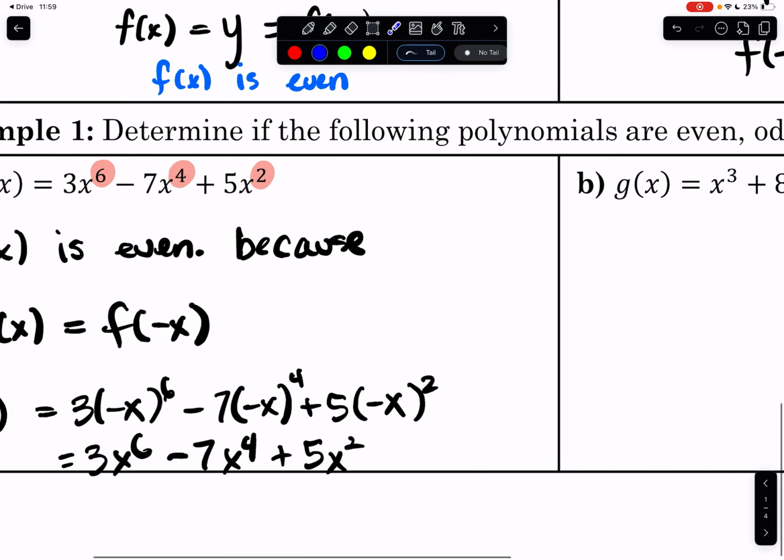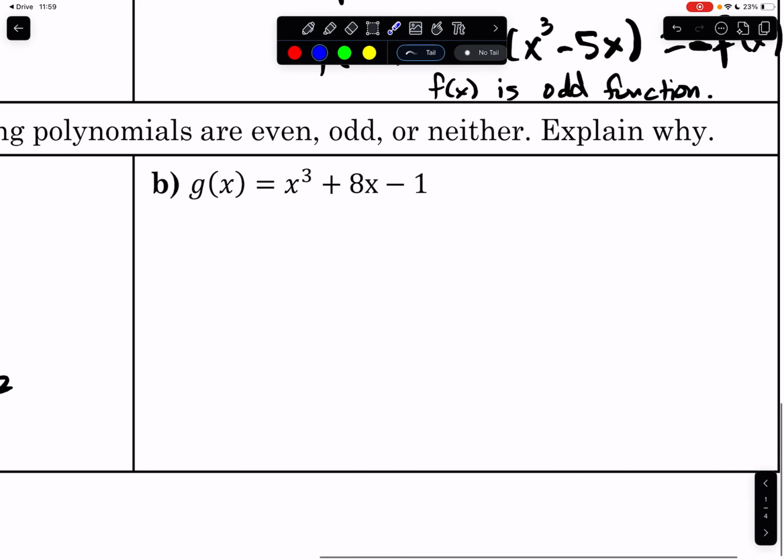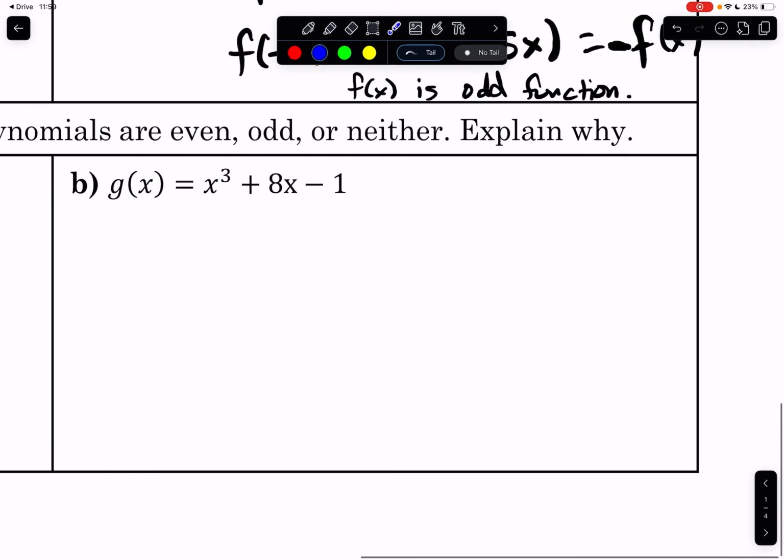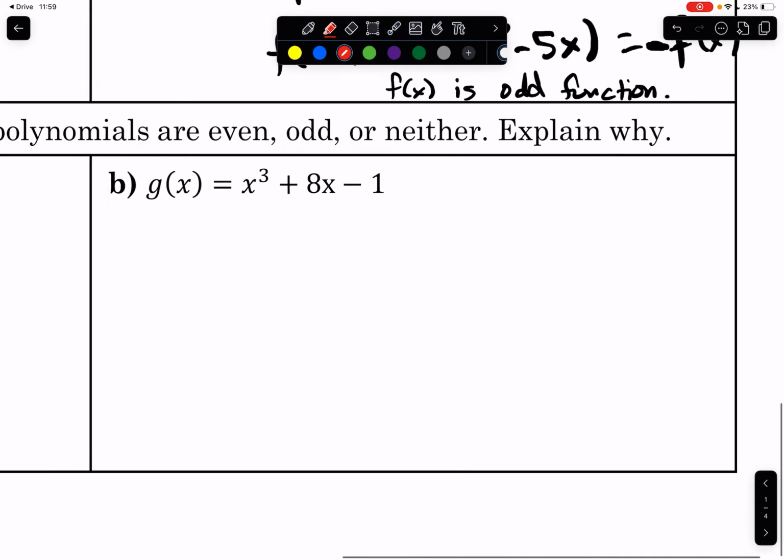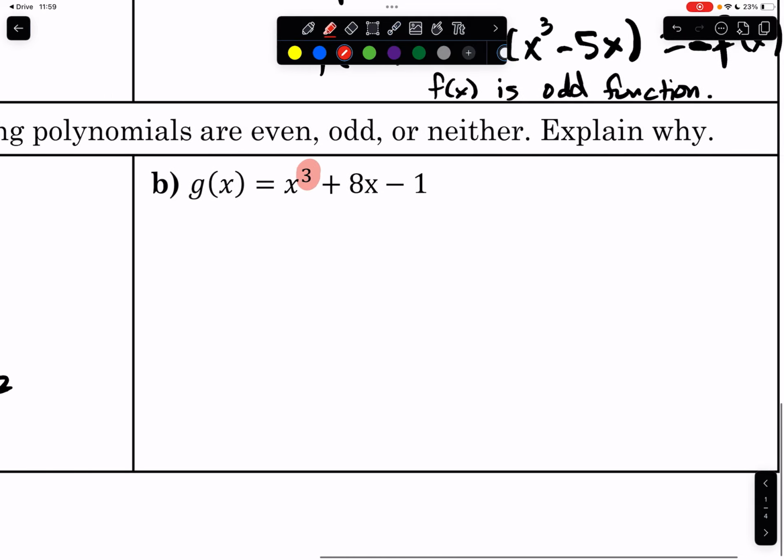So for this next example, how is this going to be an even or odd function? Maybe neither. Well, let's look at the exponent. Let's do the shortcut first, and let's look at the exponents. Well, here our exponent is 3, okay? Our exponent is 1. That's a 1 right there. And on the last term, this is 1, it doesn't have an x because this is x to the 0 power.